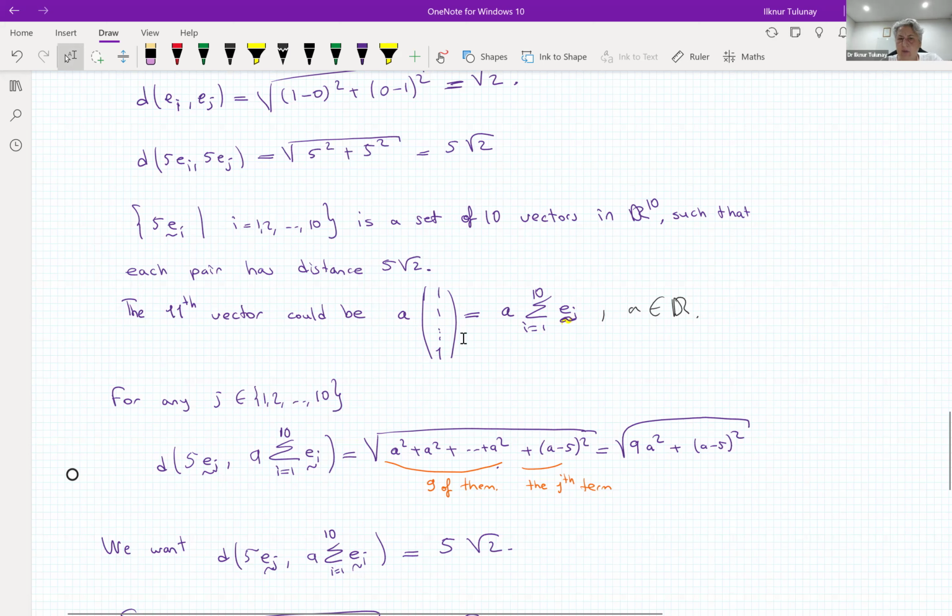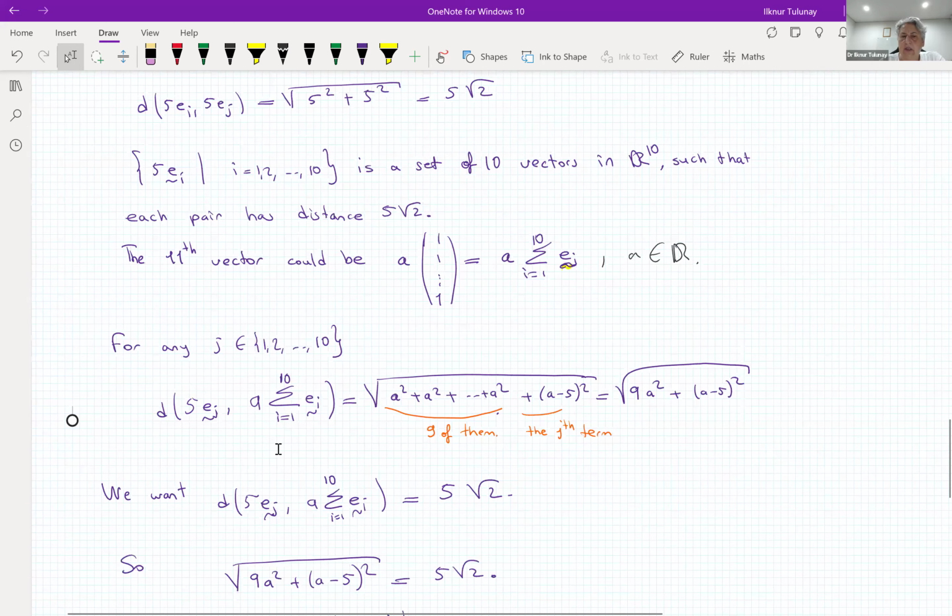Now we have another vector, and let's have a look at the distance between these vectors and this particular vector, because in the question it says it should be 5 root 2. Let's have a look at this calculation. Here only the jth position is 5, right?